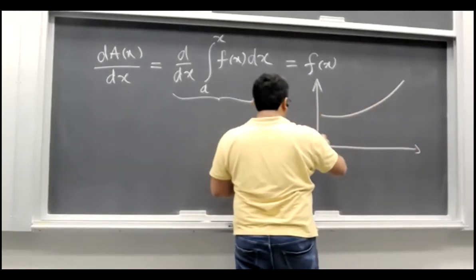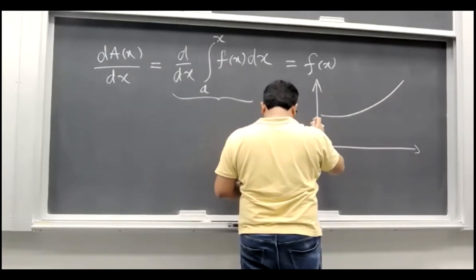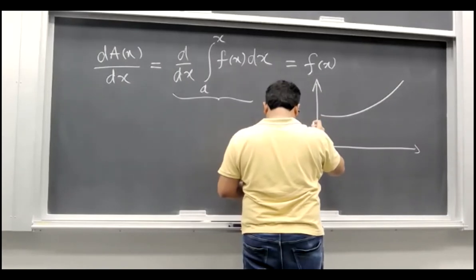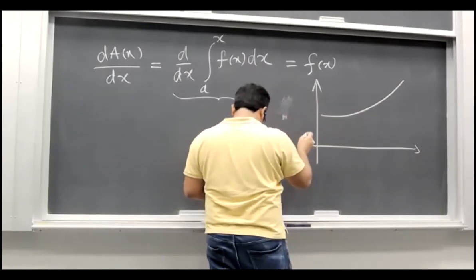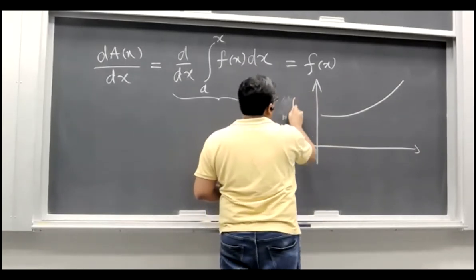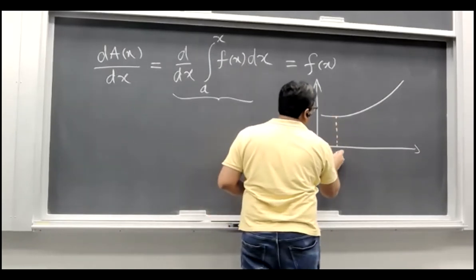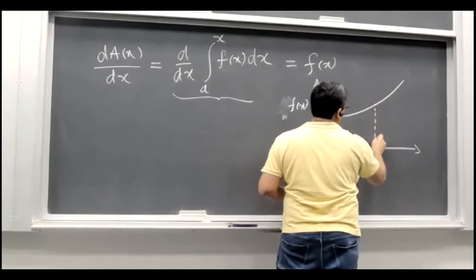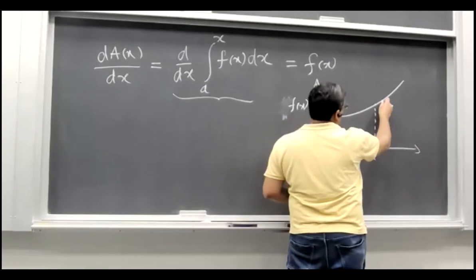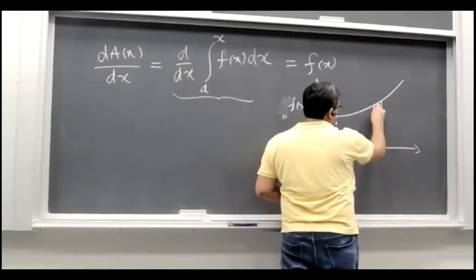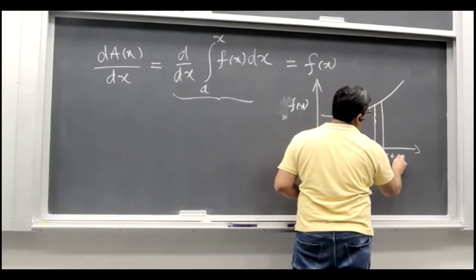If you have a function that looks like this, so f of x, and let's say we know its area between a and x, right? And then we want to find out a differential area here. So what would be the area between x and x plus delta x?